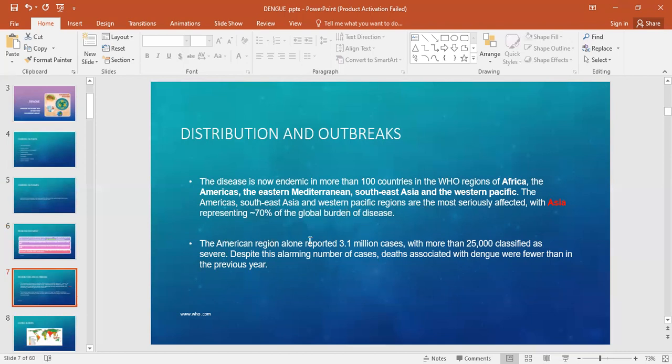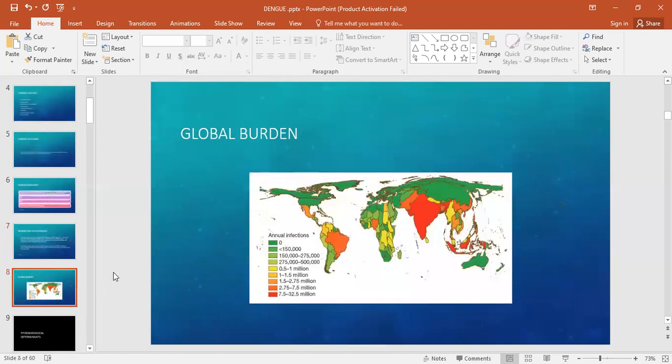The American region alone reported 3.1 million cases, with more than 25,000 classified as severe. Despite this alarming number of cases, deaths associated with dengue were fewer than in the previous year. This is the map of the areas which are endemic with dengue fever.